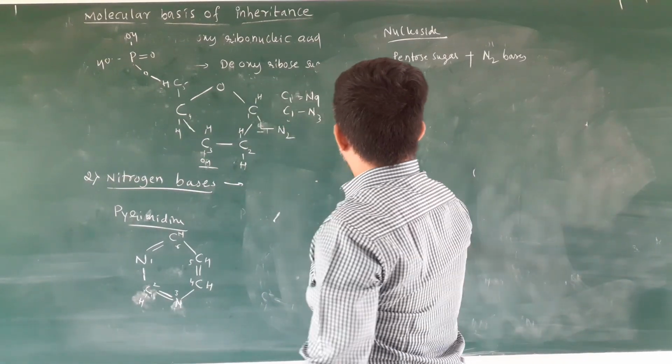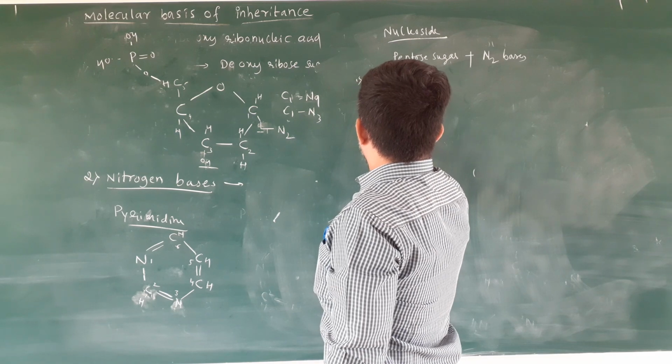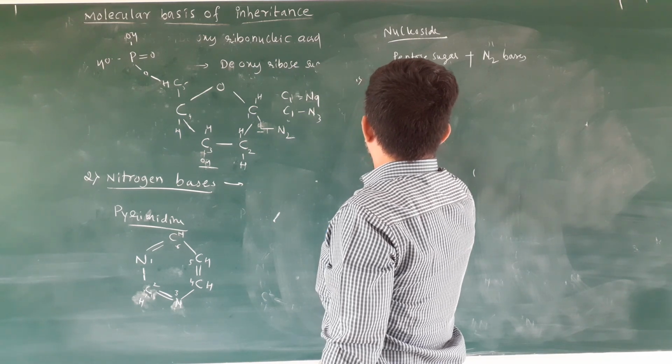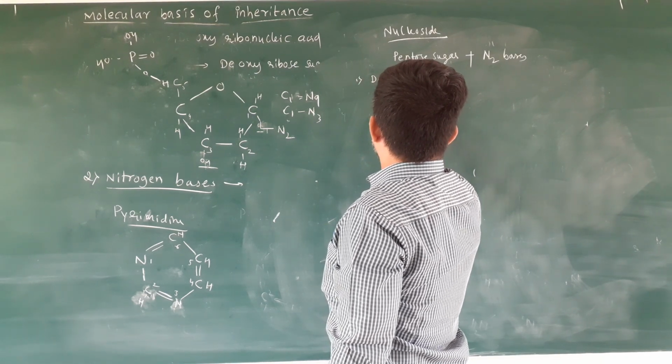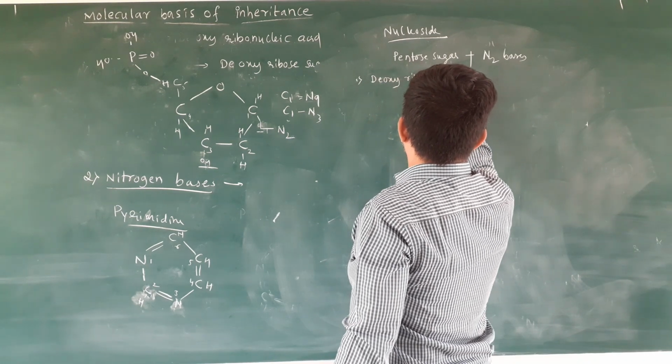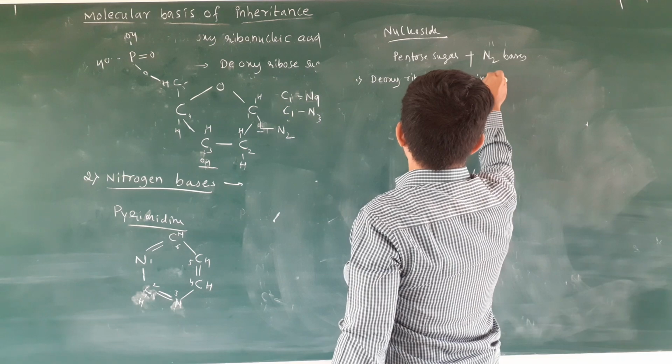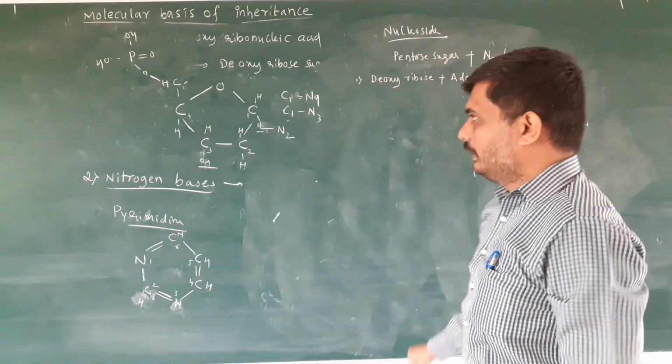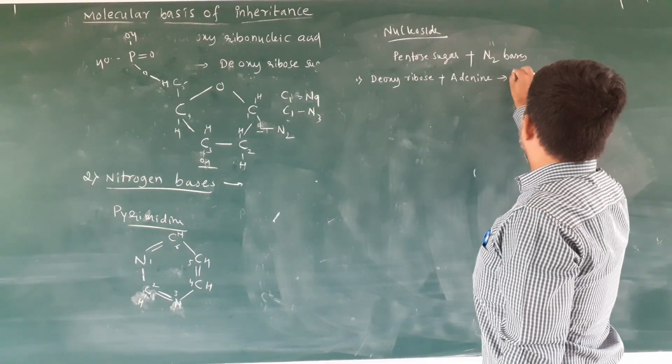So what are the four nucleosides? Deoxyribose sugar attached to adenine, a nitrogen base, is called deoxyadenosine.